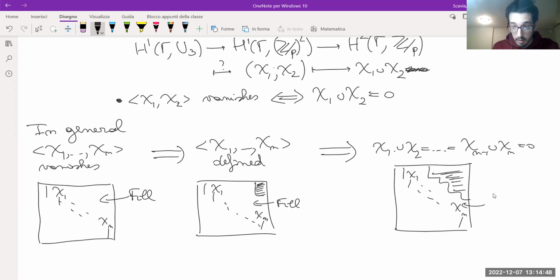So fill the second upper diagonal. And each of these entries, the entry between chi-i and chi-(i+1), tells you that the cup product of the two is 0. It is a manifestation of the fact that the cup product is 0.